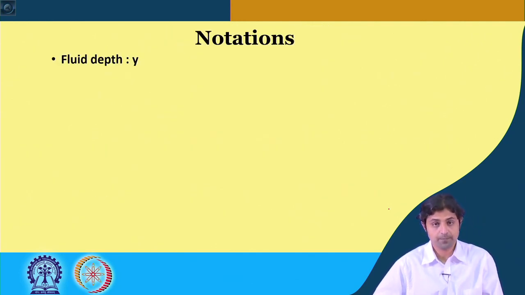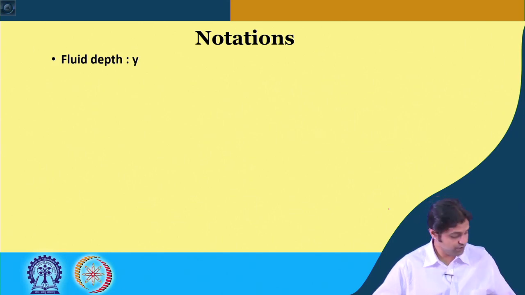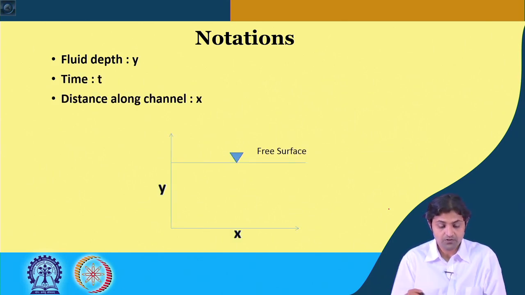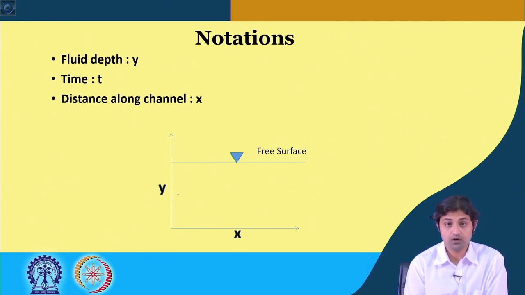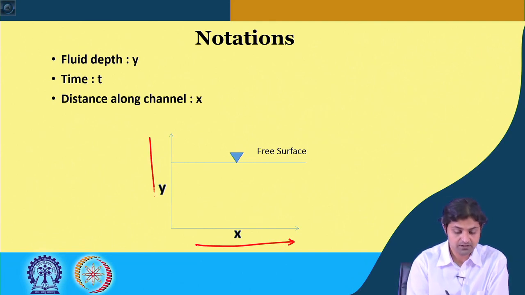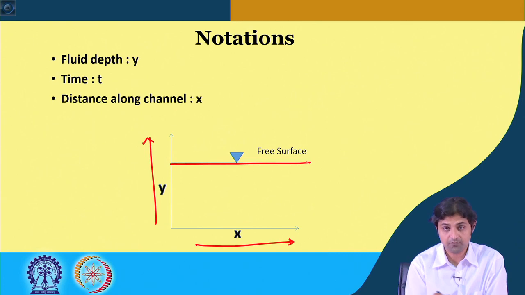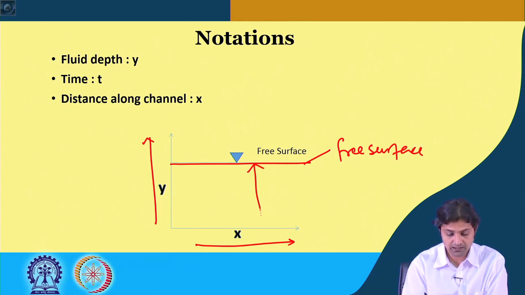So, notations. If we plot this open channel in the x and y direction, this is the x axis, this is the y axis, and the fluid will be something like this. Here I have plotted a horizontal line, and this is the free surface, and this fluid depth y will have liquid in it, in this case water.